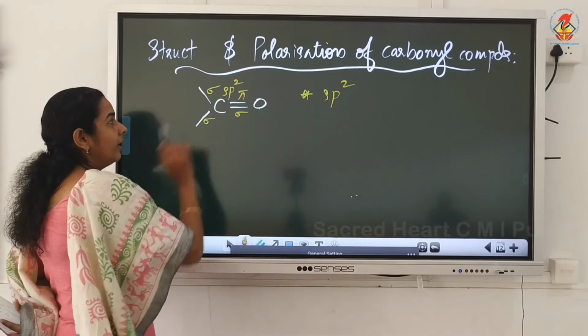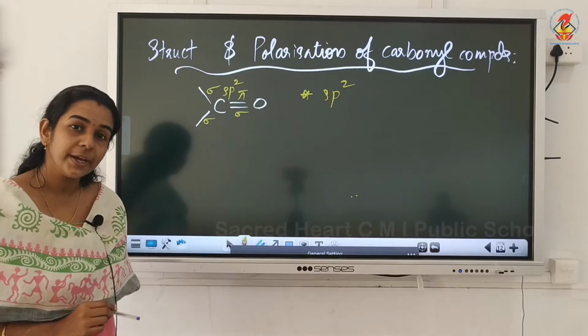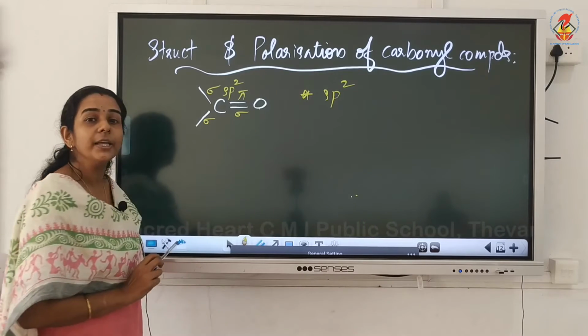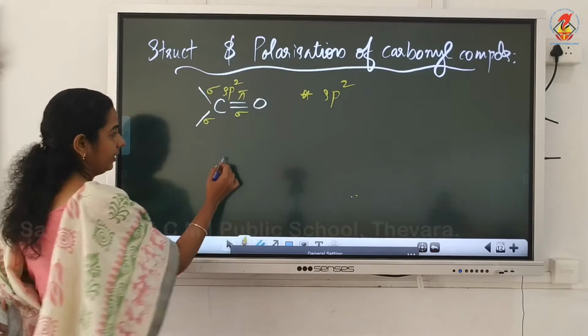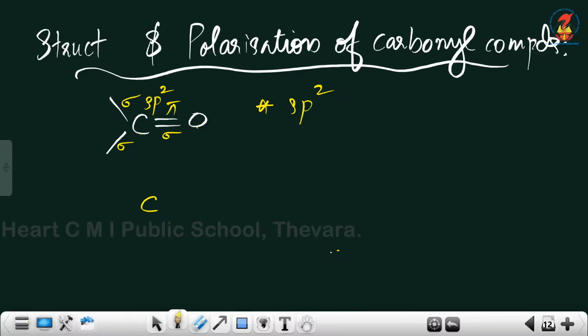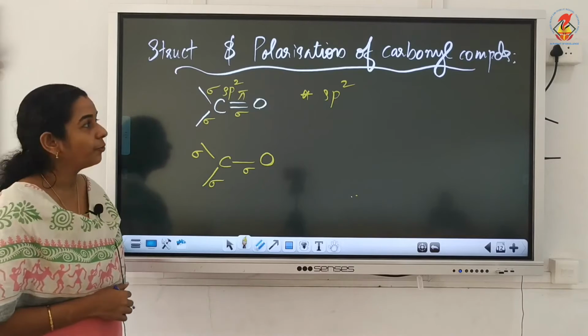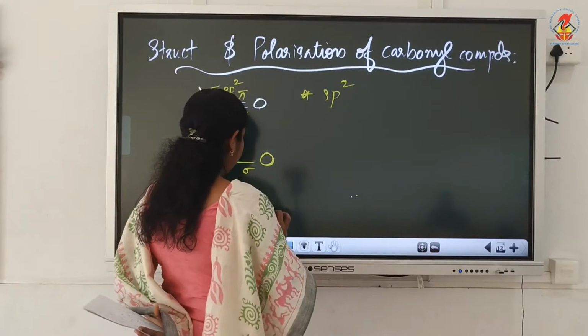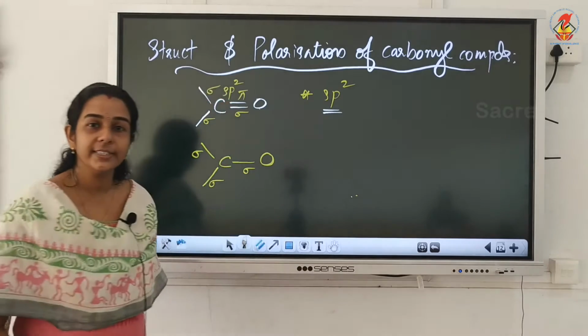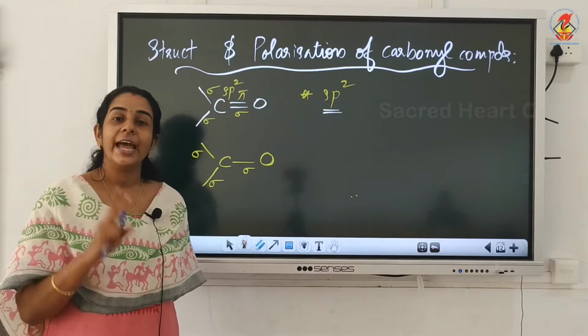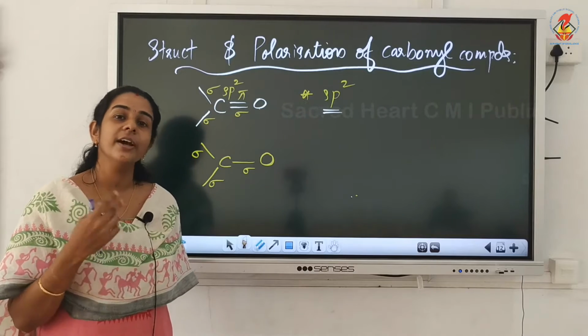Now, we will see how this carbon oxygen pi bond is formed here. Surrounding this carbon, how many sigma bonds are there? 1, 2 and there is one carbon oxygen sigma bond. Now we are going to explain how this carbon oxygen pi bond is formed. We know what sp2 hybridization means: one s orbital and two p orbitals are undergoing hybridization.